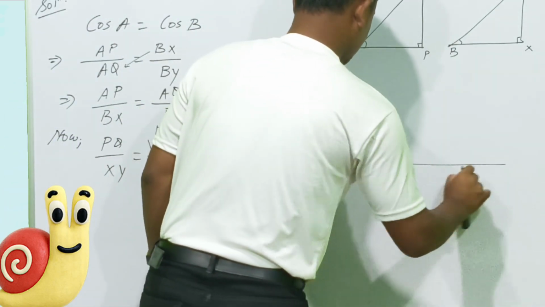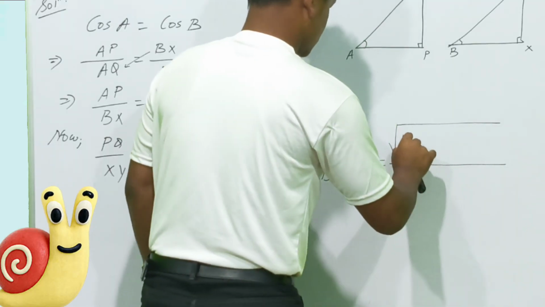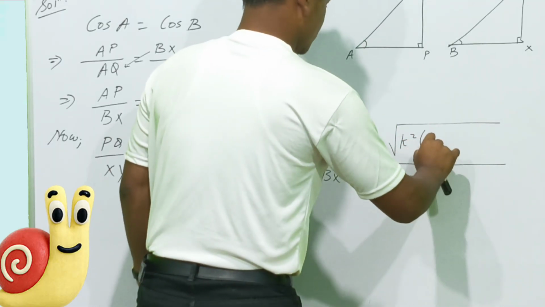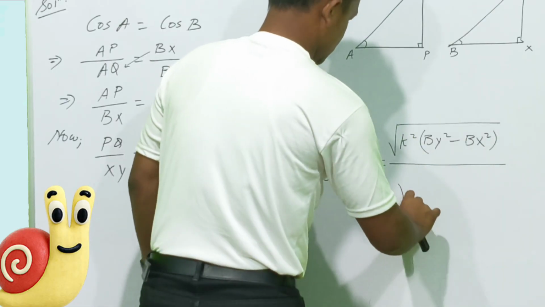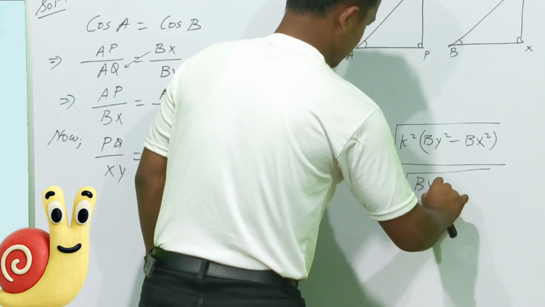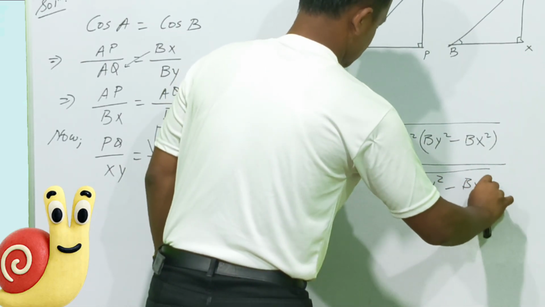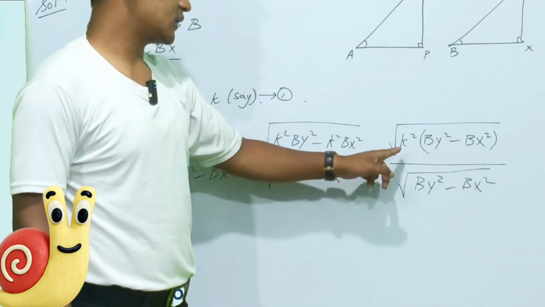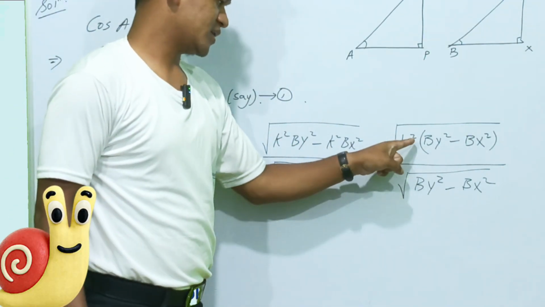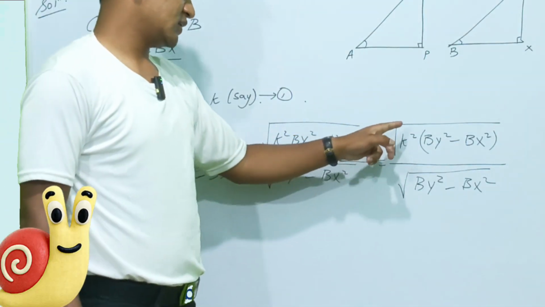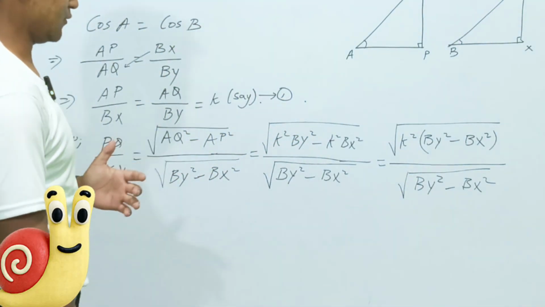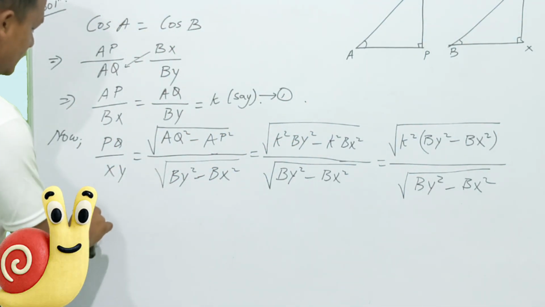That will be equal to the square root of K square times BY square minus BX square. Here also the same thing, BY square minus BX square. And as you can see here that this constant K has a square, so that square can move out from the square root, since the square and the square root cancel out for the value of K. So what do we have?